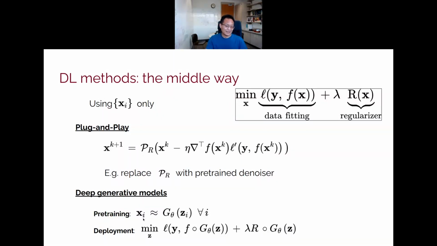So let's try to represent every image as generated by some nonlinear generator. G theta is a generator, and some seed. The manifold way of thinking about this is basically this is the low dimensional representation, and this mapping is going to map you to a manifold. Okay.